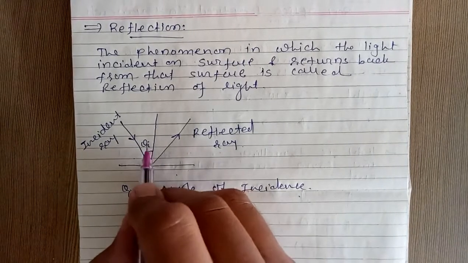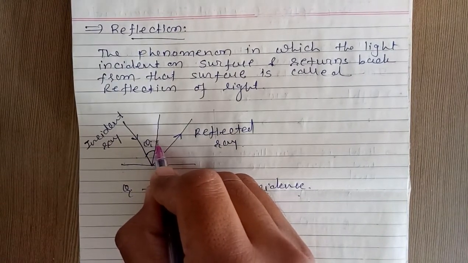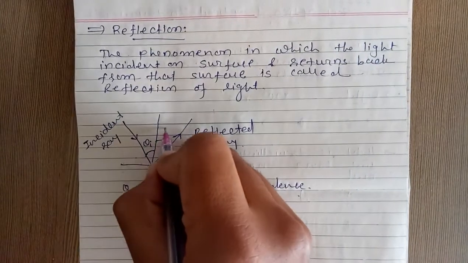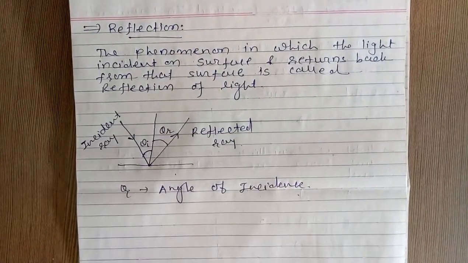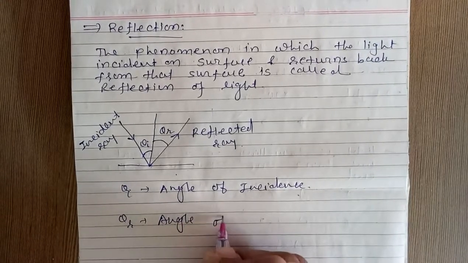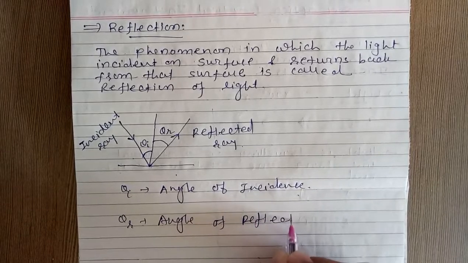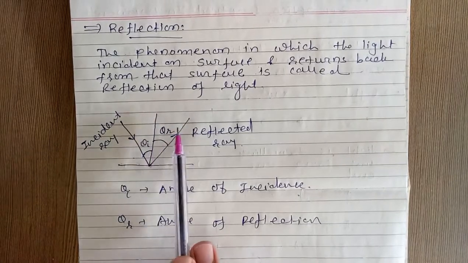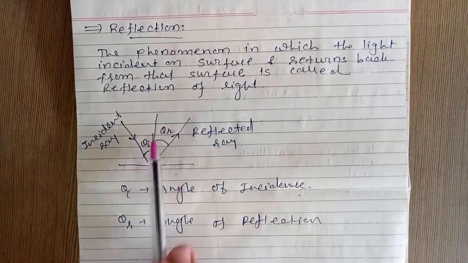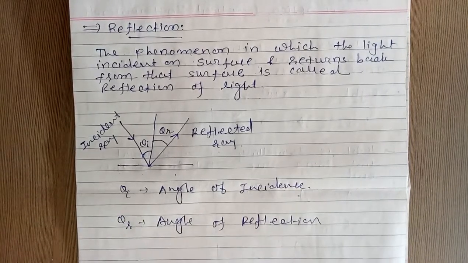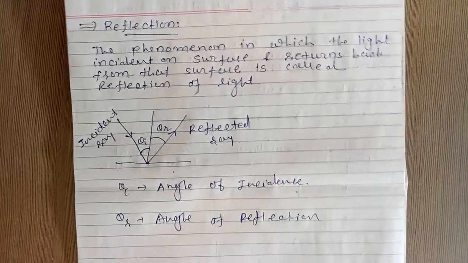Then the angle between the reflected ray and the normal to the surface, here we write theta R. This angle is known as the angle of reflection. Once again I repeat, the angle between the reflected ray and the normal to the surface is known as the angle of reflection.